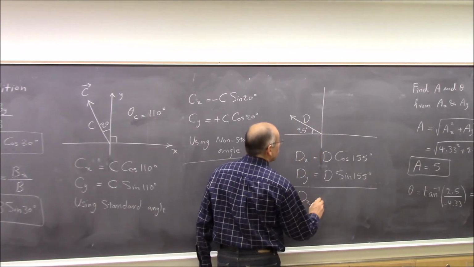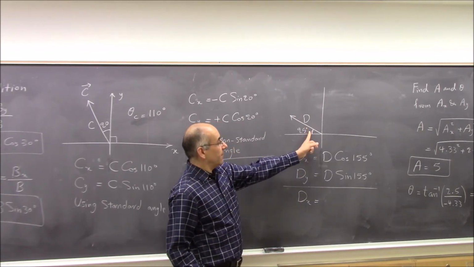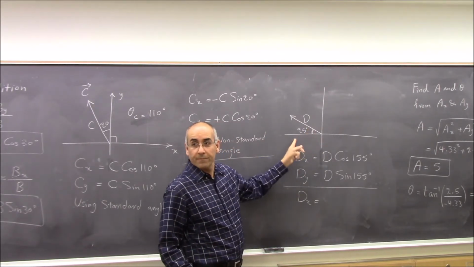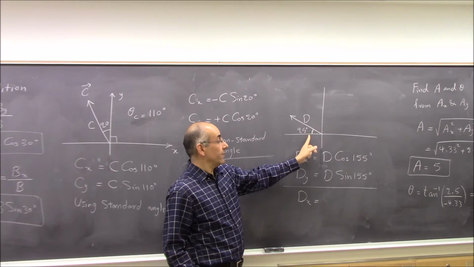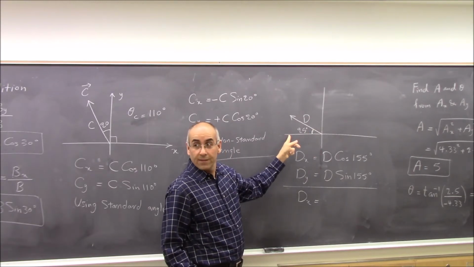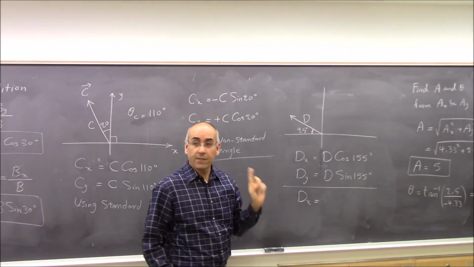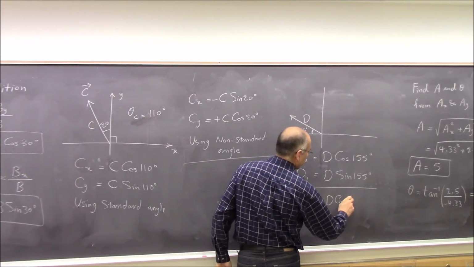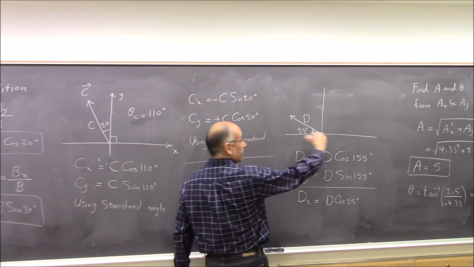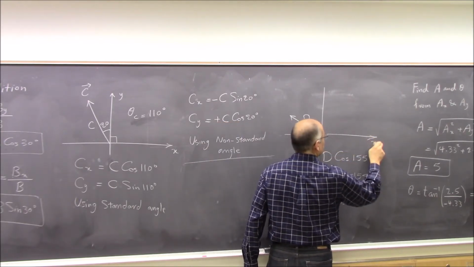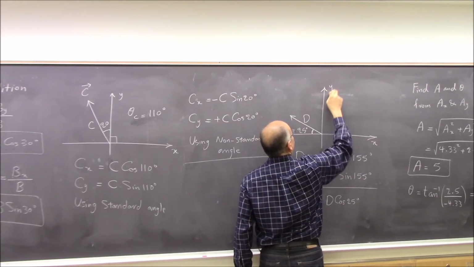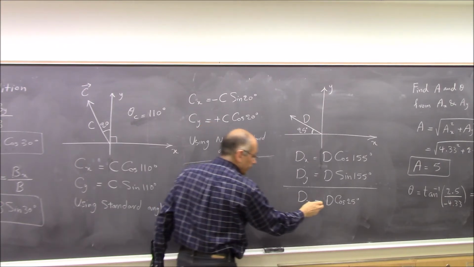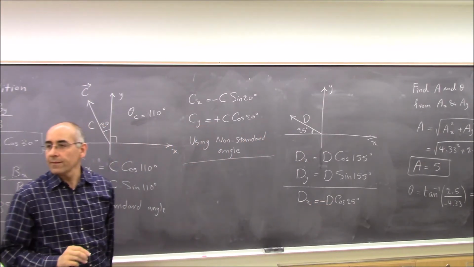Dx will be with cosine or sine? It's adjacent to 25, so it comes with cosine. It says D cosine 25 degrees, but it is in the negative x direction, so you put a negative sign in front of it.